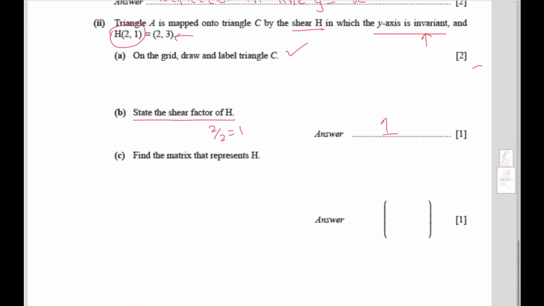The next part says find the matrix that represents H. So y-axis being the line of invariance, this is the invariant line, would have a matrix which would be equal to (1, 0; k, 1).